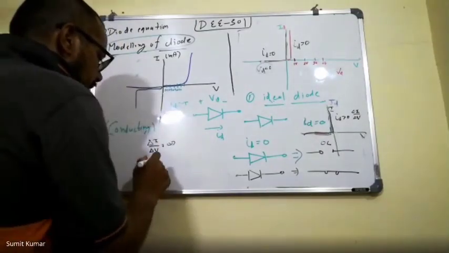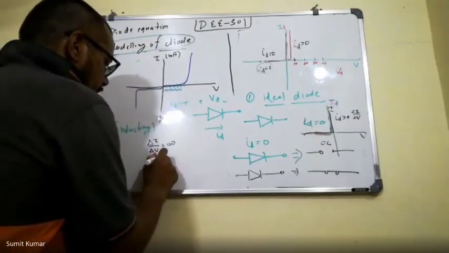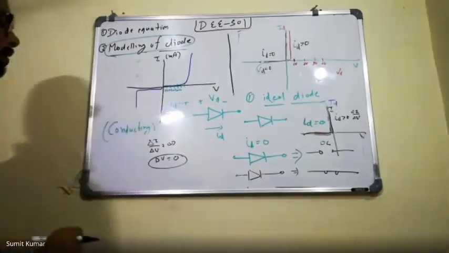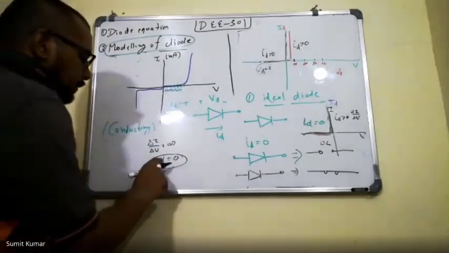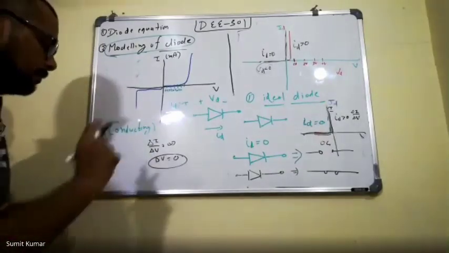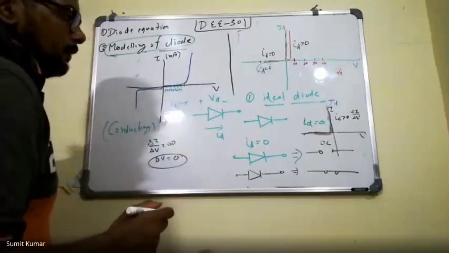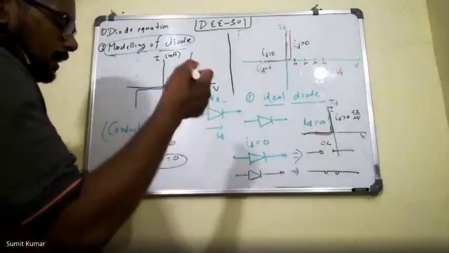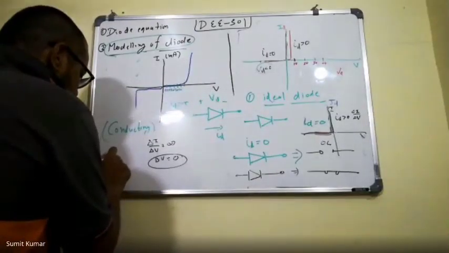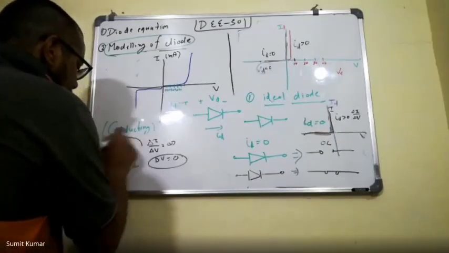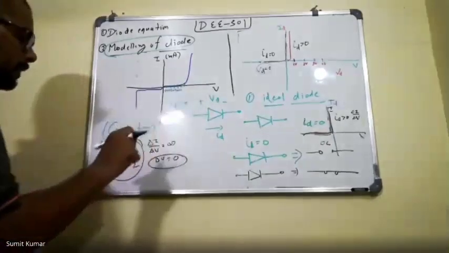If this is infinity, then the voltage change is almost equal to 0, or you can say delta V over delta I. One more thing: what is the resistance of any device? Delta V over delta I. So by the resistance concept, you can understand.